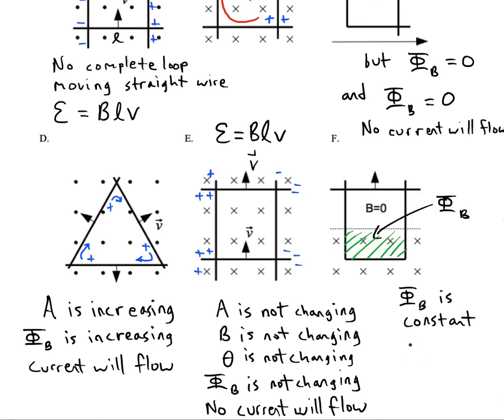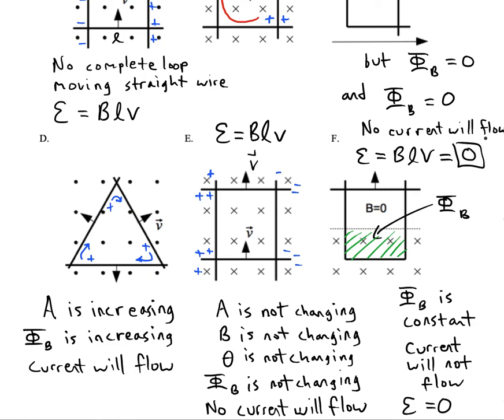And for that reason, current will not flow. And in this case, there's not even going to be a potential difference across the wire because it's not even moving in a magnetic field. So according to epsilon equals BLV, the B is 0 at that location. Therefore, for F here, we're going to have no induced potential difference.